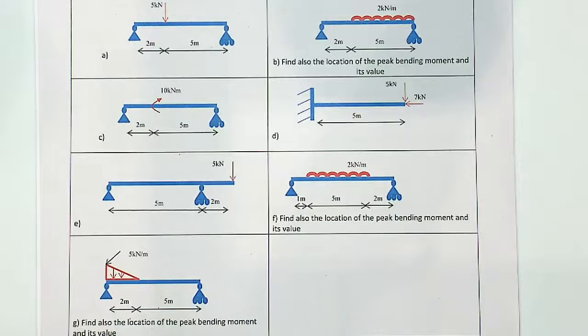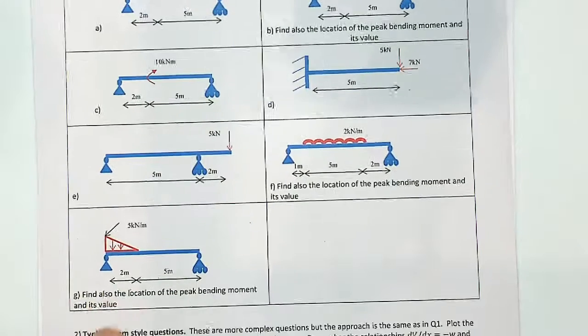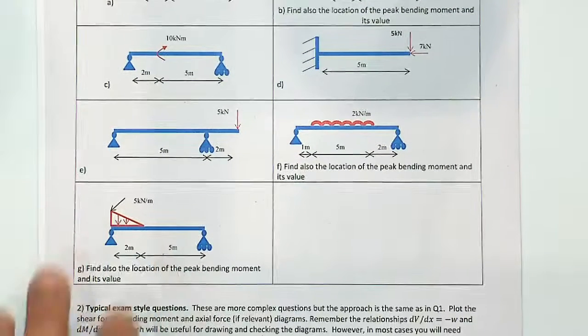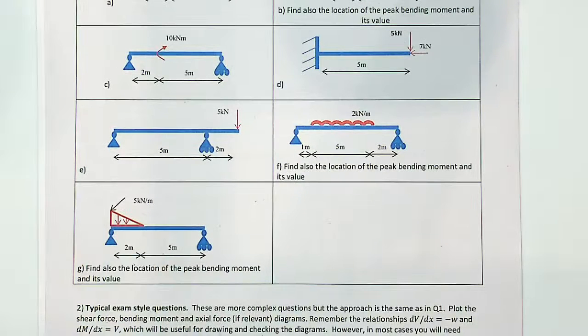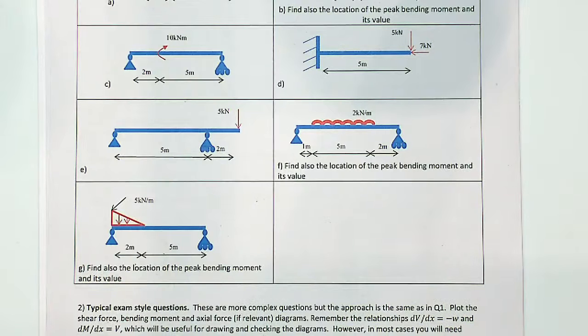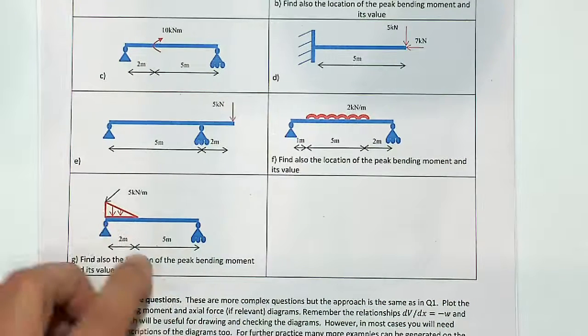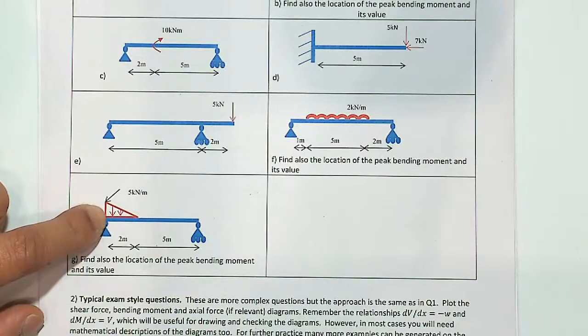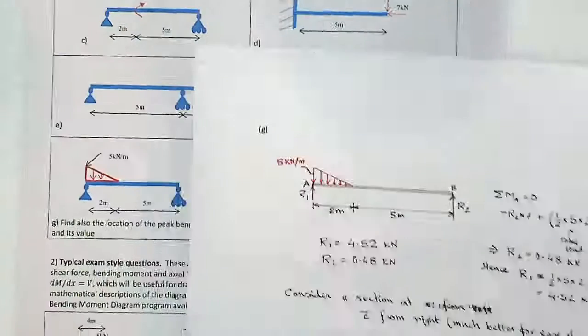So the question is this one, because there is a triangular load. The question is to find the location of the maximum bending moment and its value. As we have got the solutions, I will go directly to the solution. So 2 meter, 5 meter, and 5 kilonewton per meter is the intensity of the load here.